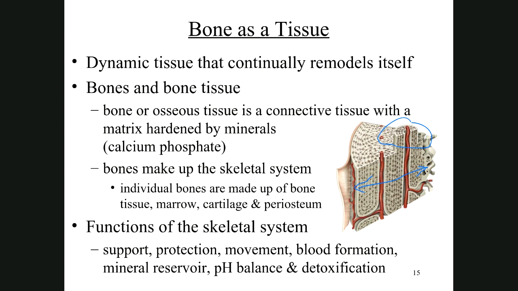So this is the compact part of the bone, and the compact bone will have what we consider the functional units of bone. What is the functional unit of bone? The answer you guys should know by now is osteon. That will be your next exam question. So the functional unit of bone is the osteon.